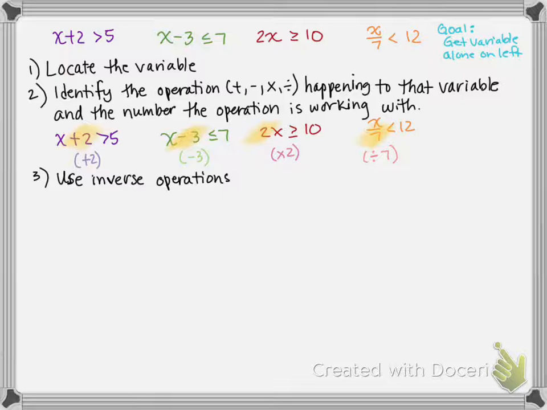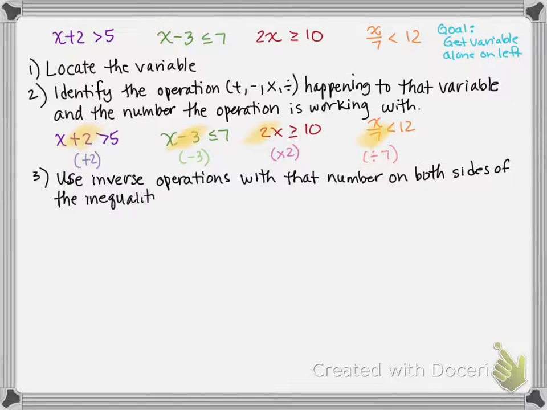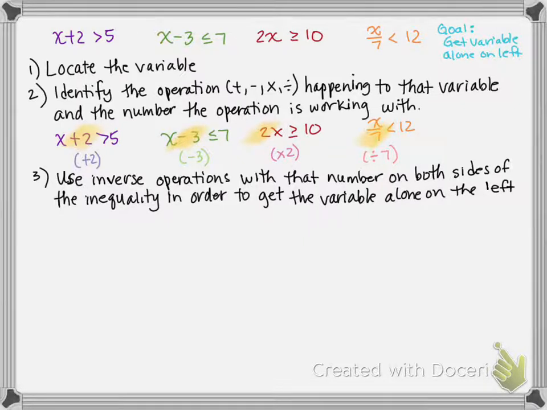You use inverse operations with that number, the one we've highlighted and wrote underneath, on both sides of the inequality, in order to get the variable alone on the left and solve the problem.